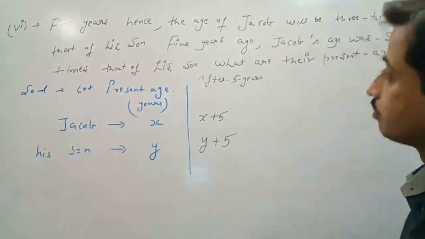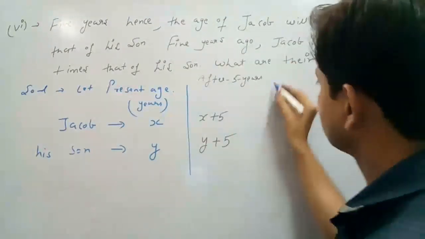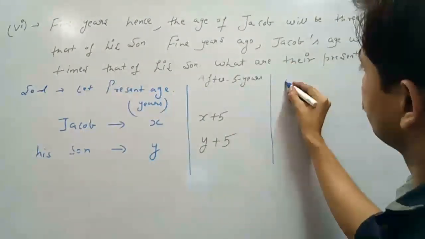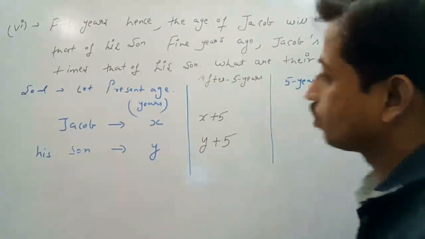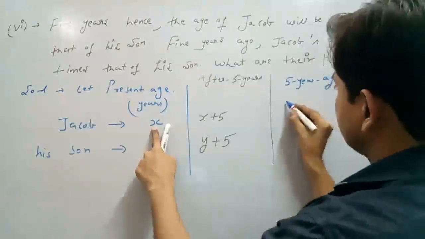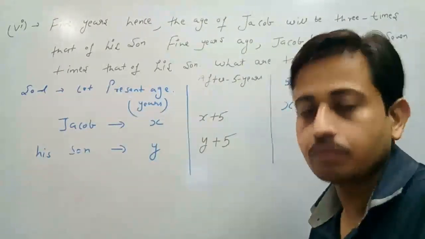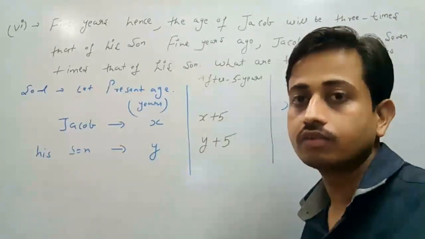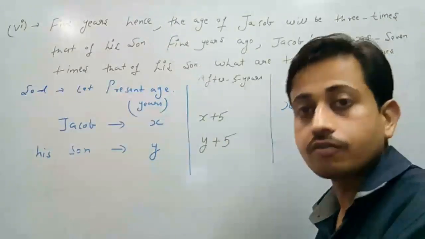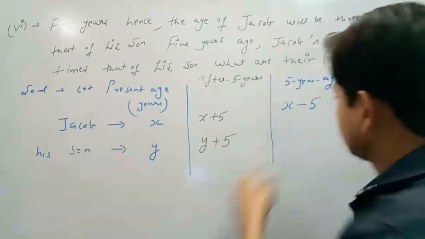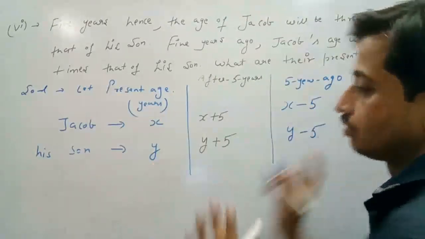Now again read 5 years ago. Ago means previous. I am taking 5 years ago. Present age is x. Now the age before 5 years is x minus 5, because today my age is 25. Then 5 years ago is 25 minus 5, 20, and after 5 years 25 plus 5, 30. So we get x minus 5, and here we get y minus 5.